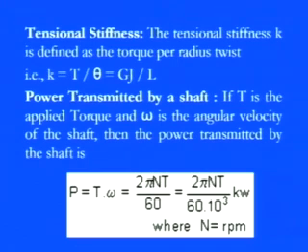Multiplying this by T, the power transmission is 2 pi NT by 60 in watts, or in kilowatts, 2 pi NT by 60 into 1000, where N is the revolutions of the shaft per minute.